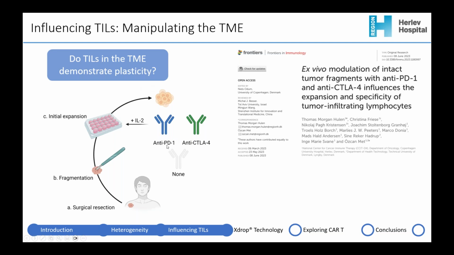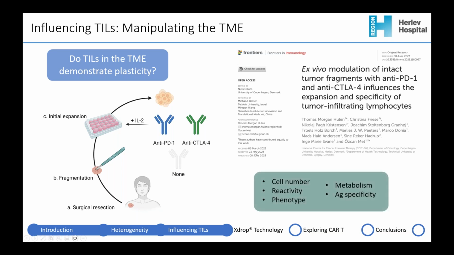We added either anti-PD-1 or anti-CTLA-4 to these fragments, or no intervention and just IL-2 alone. To assess this, we looked at cell number of the TILs that we got out, their reactivity, their phenotype, how they metabolize, and their antigen specificity.